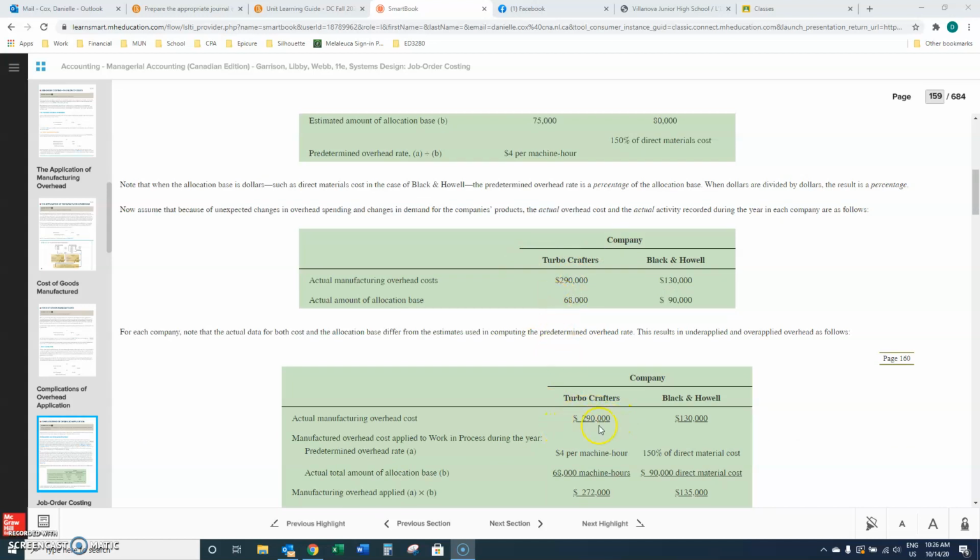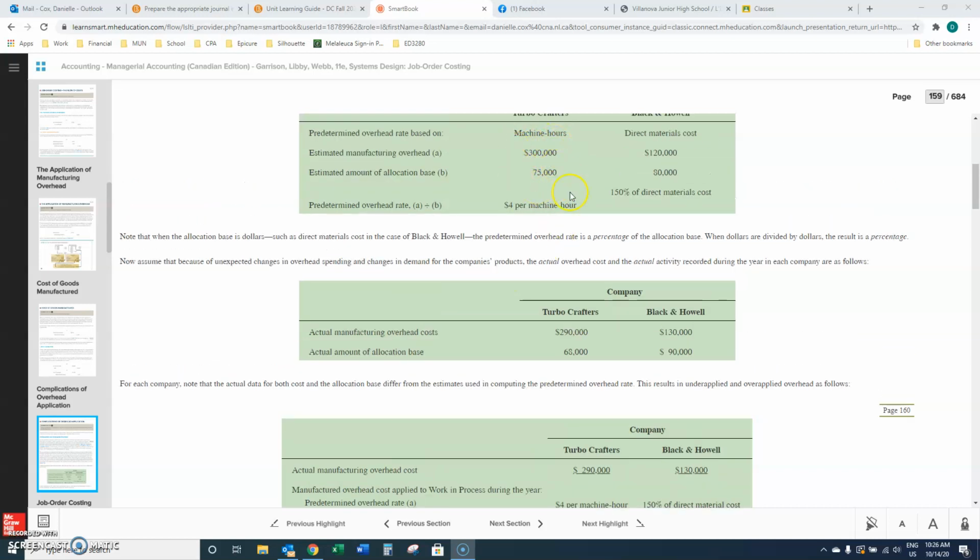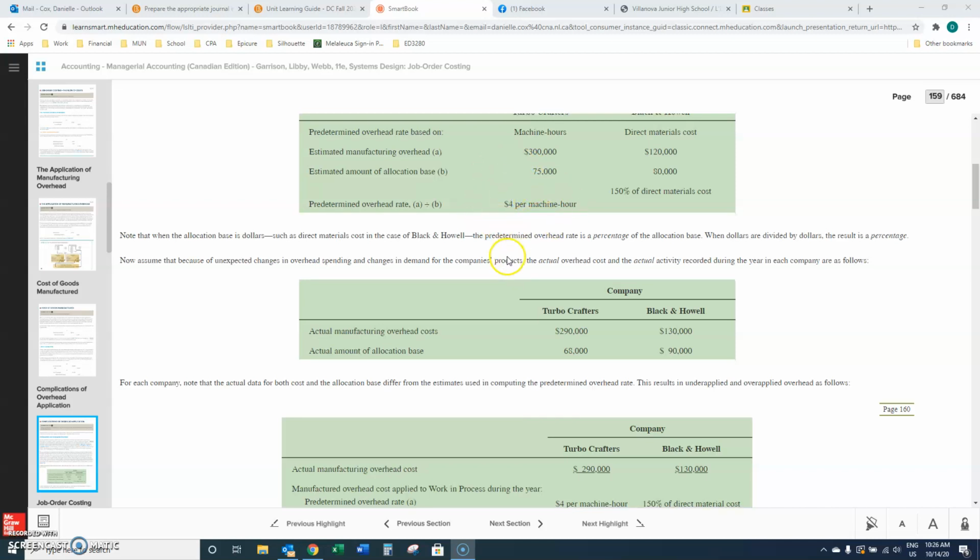So our actual overhead was 290,000, but throughout the year, we had applied our manufacturing overhead to work in process using the rate that we had determined up here, $4 per machine hour. The 75,000 and 300,000 here are just used to determine this $4 per machine hour.